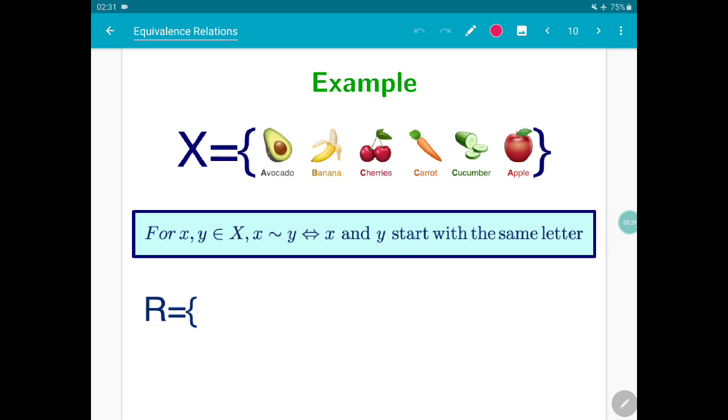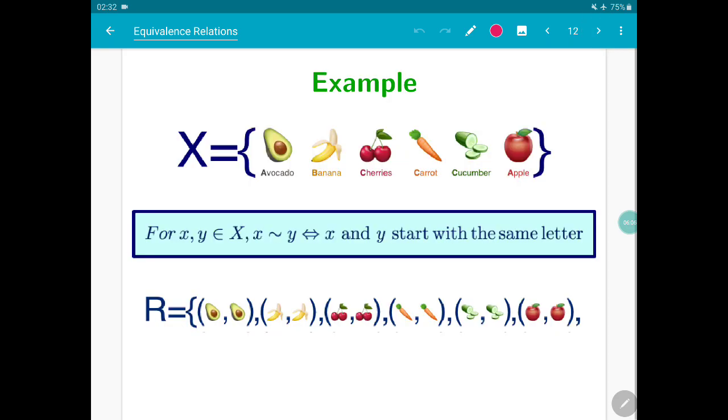Now, if we want to write down the subset of X times X that corresponds to this relation, what do we have to put? You will agree with me that each x is in relation with itself. For instance, avocado starts with the same letter as avocado. So we put (avocado, avocado), and in the same way (banana, banana), (cherries, cherries), (carrot, carrot), (cucumber, cucumber), (apple, apple).